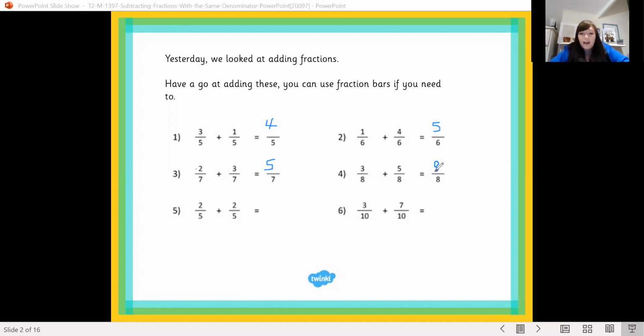So you have 8/8, which is also the same as 1 whole because you've got the 8 out of 8 parts. Number 5, you have 4/5. And number 6, you have 10/10, which is also the same as 1 whole. So I hope you found those ones okay.